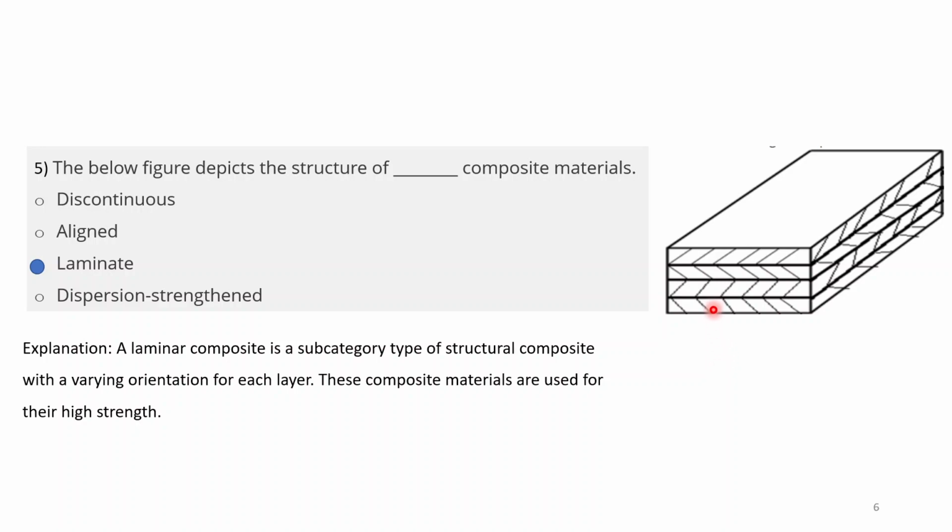With different layers having different orientations, it gives higher strength. In various directions, certain layers will be aligned in that direction and opposite to that direction, so it gives you high strength in all directions.